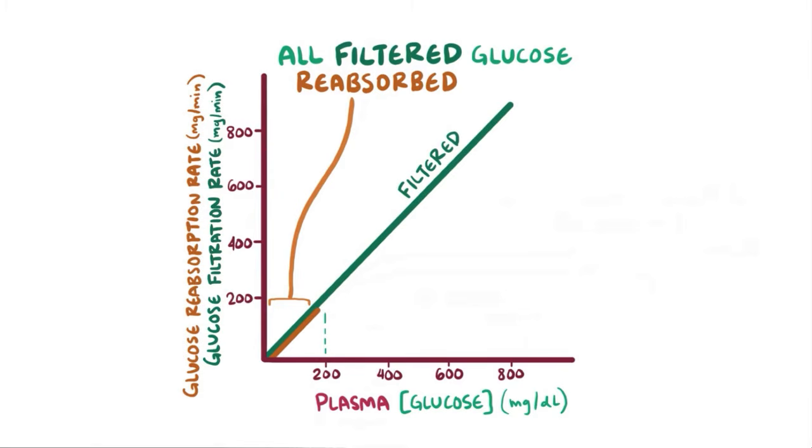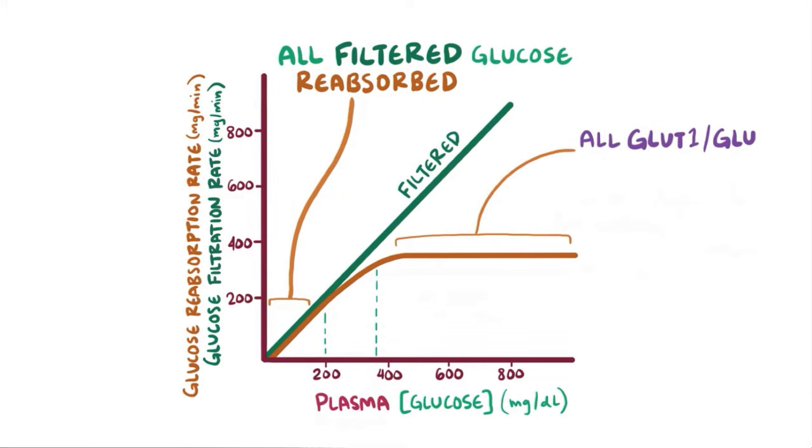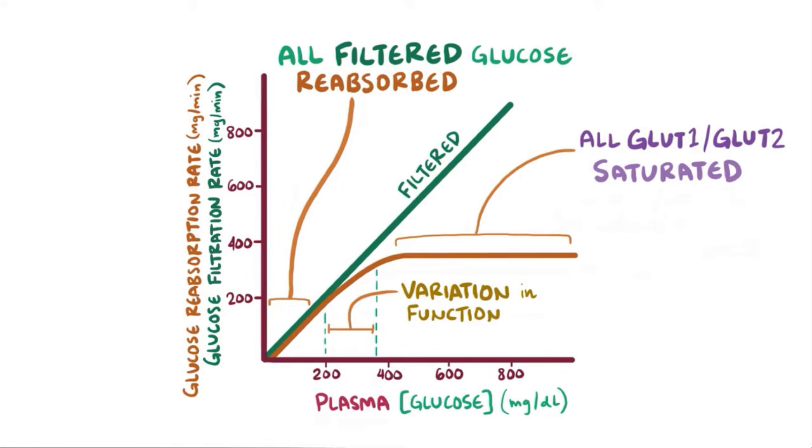And once the glucose concentration is even higher, around 350 milligrams per deciliter, all of the carrier proteins are fully saturated. That difference between 200 and 350 milligrams per deciliter is because of the variation in the functioning of individual nephrons. But beyond 350 milligrams per deciliter, all of the carrier protein and virtually all of the nephrons are occupied by glucose molecules.